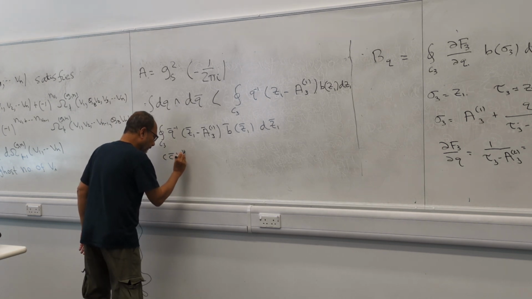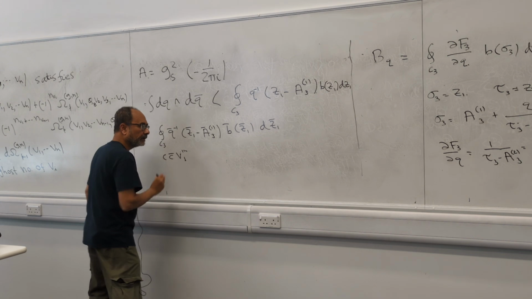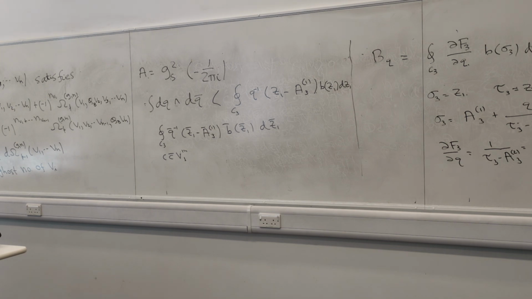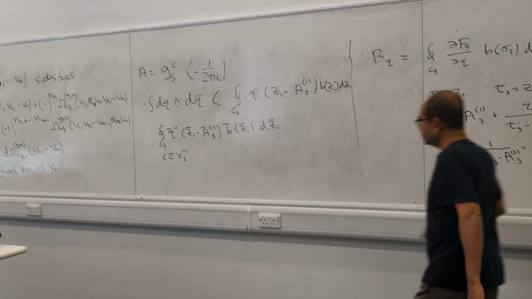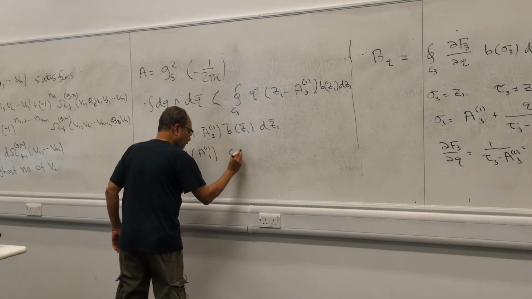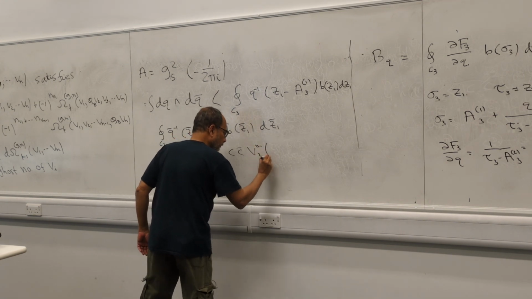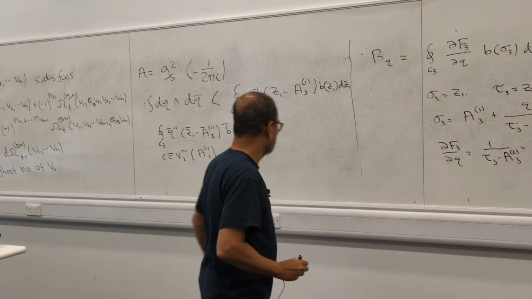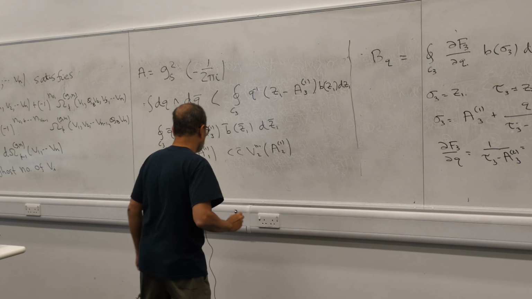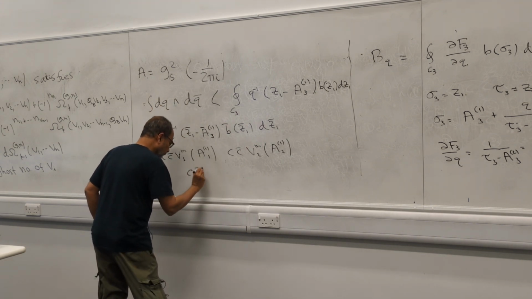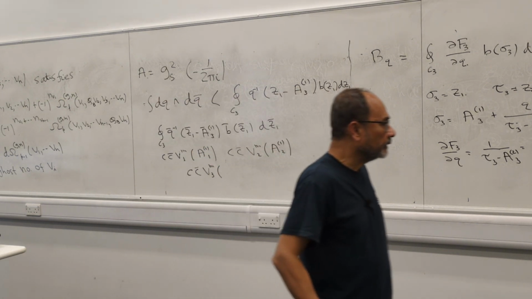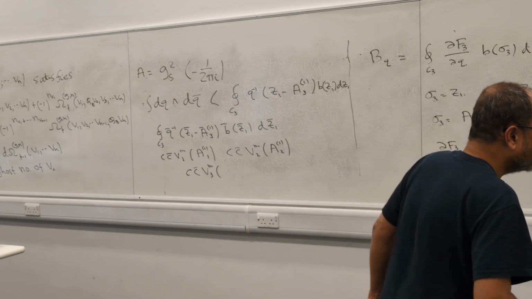Vm1 is at A11. That's there, A13 plus Q over A12 minus A23.